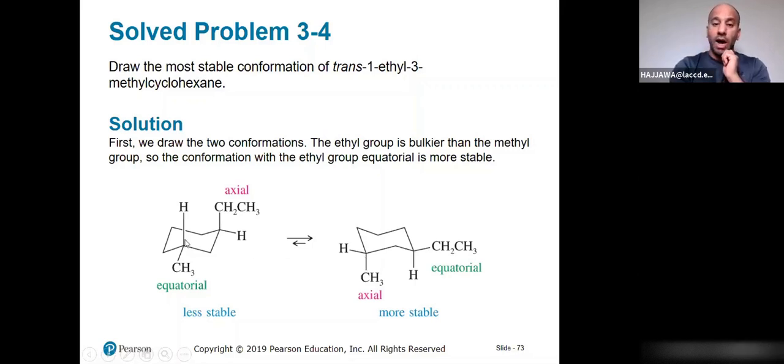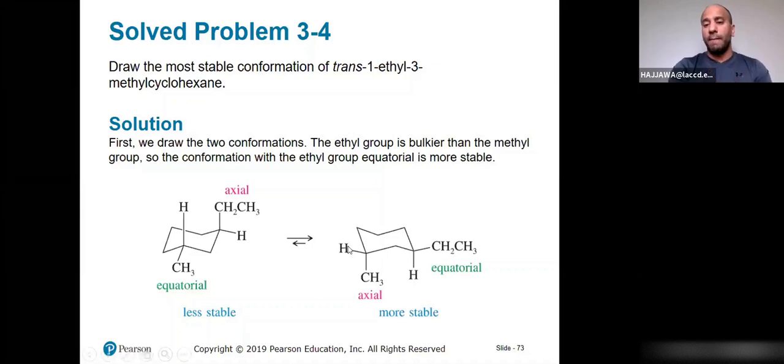And you could see how it shifted by 1 carbon. So the ring flip will shift the substituents by 1 carbon. That's 1. 2, it will also shift them from axial to become equatorial or equatorial becoming axial. But it will not shift the direction of the bond. If the direction of the bond is up, it's going to have to stay up. If the direction of the bond is down, it has to stay down.